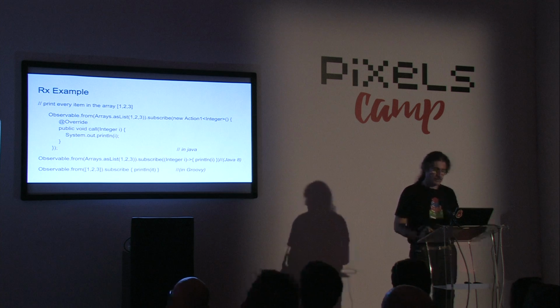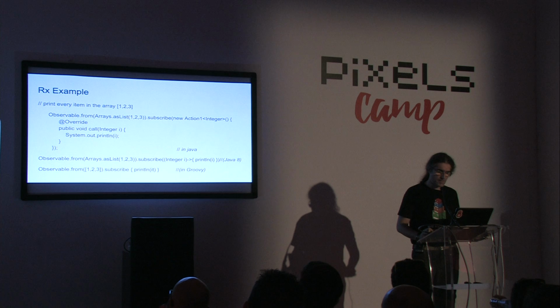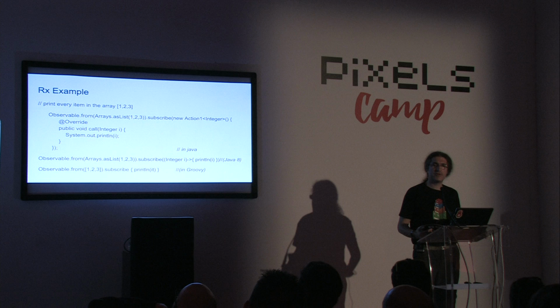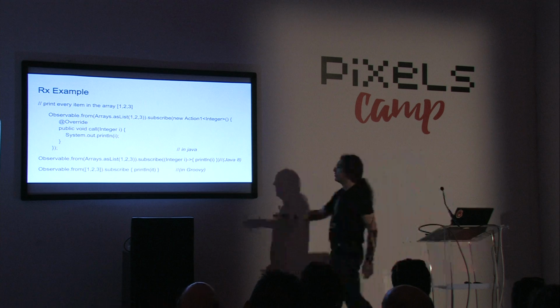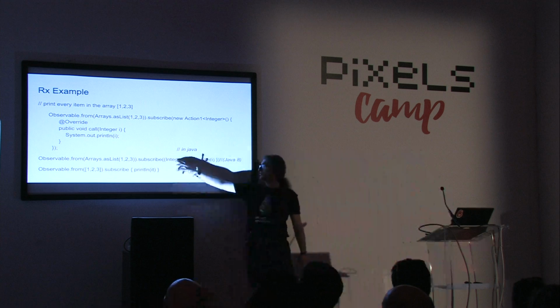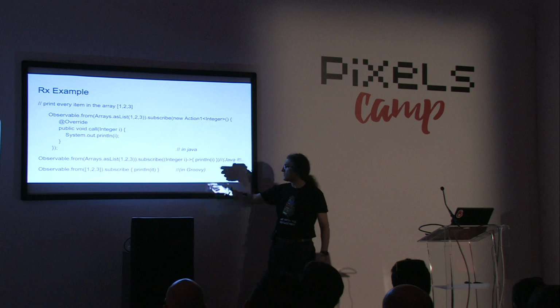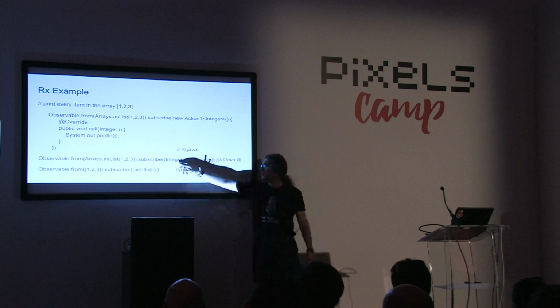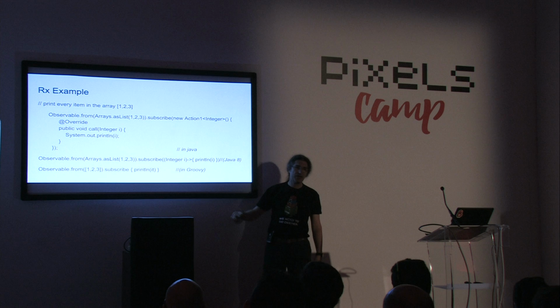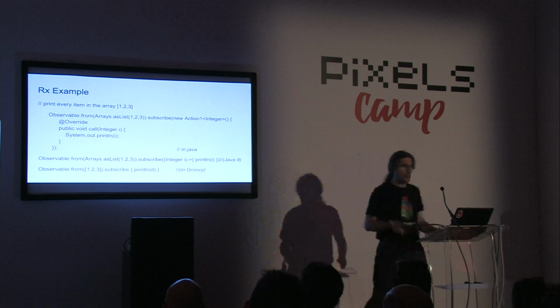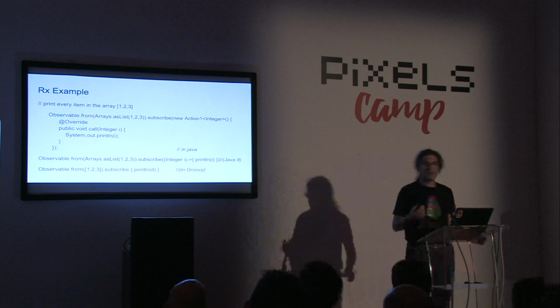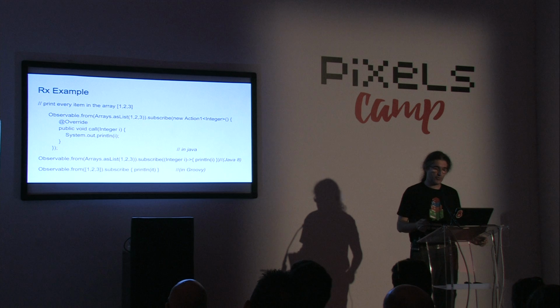If you see the Java 8 version, if the compiler can infer the type of the variable, you don't really need to specify the type. So you could omit the type. And in Groovy, if you omit the variable, by default it calls it 'it'. So you don't even have to declare the variable.